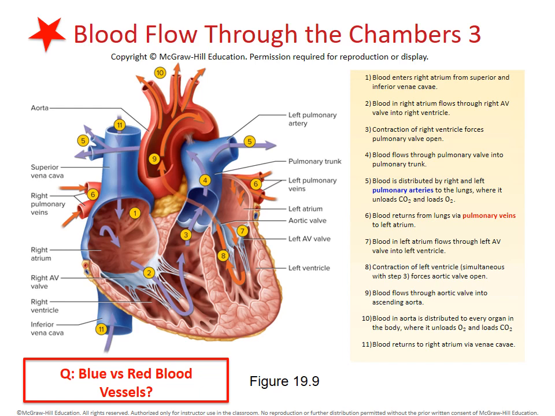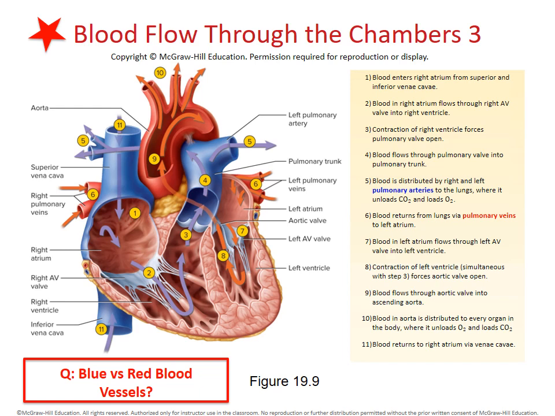The blood vessels that carry blood away are arteries. A is for away. Anytime you come across a name like pulmonary artery, carotid artery, femoral artery, if it has the term artery in it, you're looking at a blood vessel that carries blood away from the heart, and chances are that blood is going to be oxygenated, which means it's going to be shown as red. There are some exceptions to that rule.